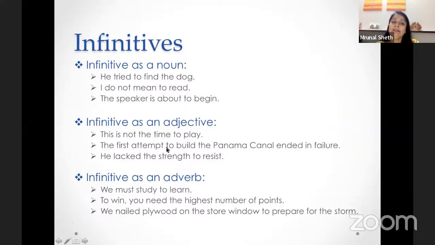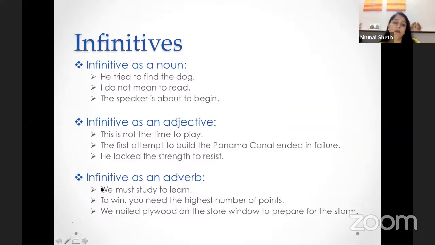So this is acting as a qualifier or modifier to the noun attempt. Okay? He lacked the strength to resist. Lacked the strength. It modifies strength. Strength is the noun. Lacked what? The strength to resist. What kind of strength? Strength to resist. So it is modifying strength.